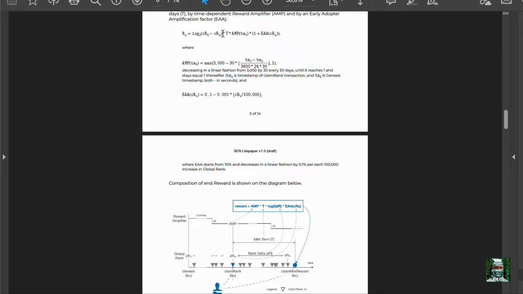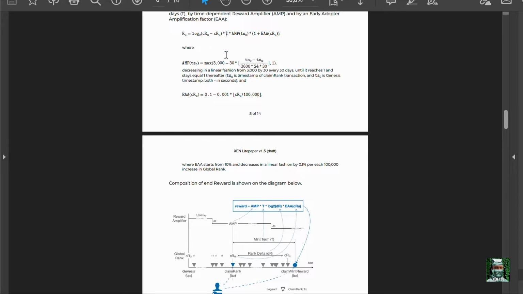So this is basically the first most important part of the formula. But then we have t here, and what is t? You already know what t is. T is the mint term, right? So this means that the longer that you've chosen your time, the more XEN you will get. Because the bigger the t, the more days, it's multiplied, right? So the more days you have, it's going to generate you even more XEN.